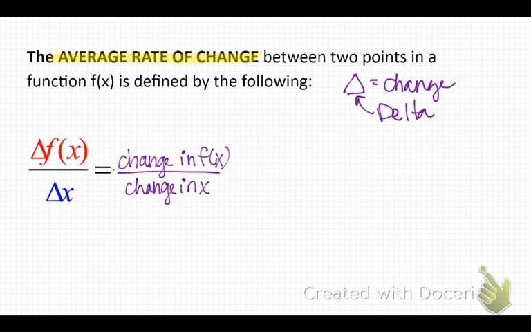There's another word for it that you might be more familiar with. It has to do with graphing lines, and it starts with an S. Slope. Okay, average rate of change is another way of saying slope. So if you ever see average rate of change, that means find the slope, okay?